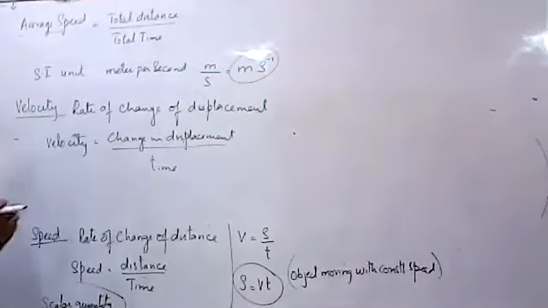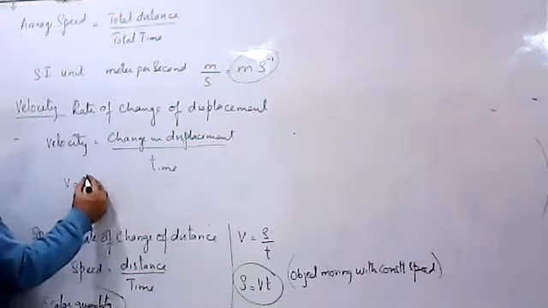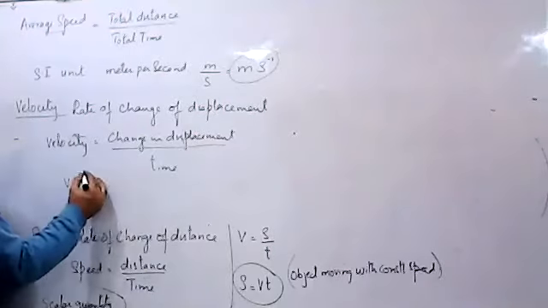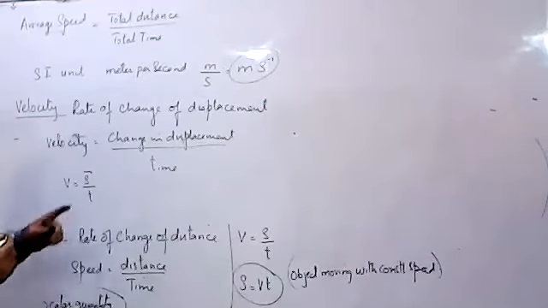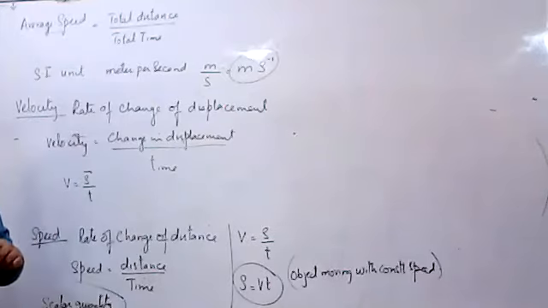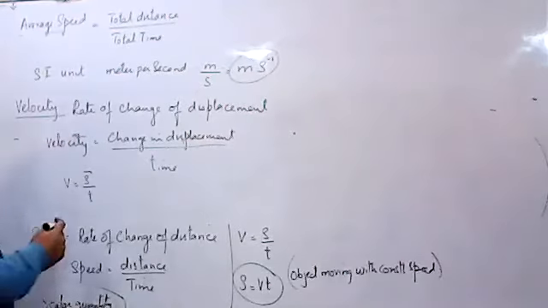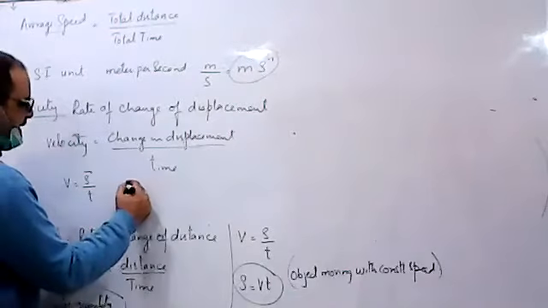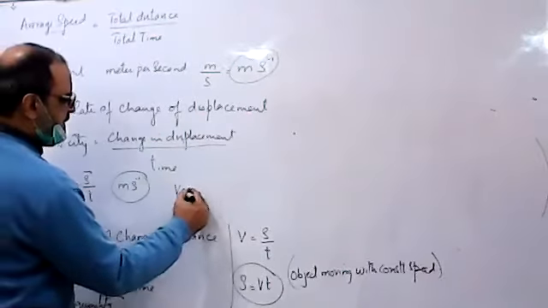The formula is the same, v is equal to s over t. The only thing is that while calculating velocity, we have to take the displacement, that is the shortest distance between the 2 points. Its unit is the same as the speed, meter per second, and it is a vector quantity.